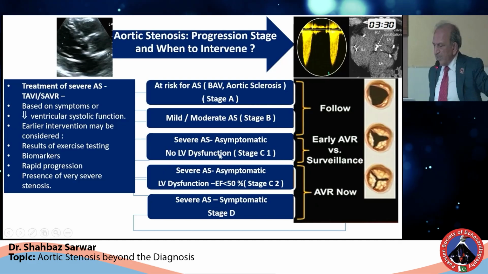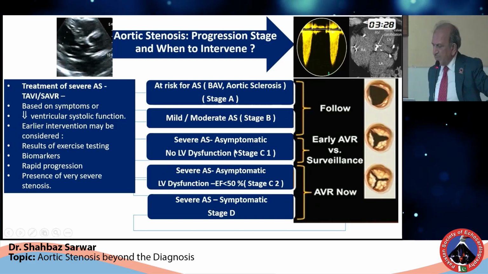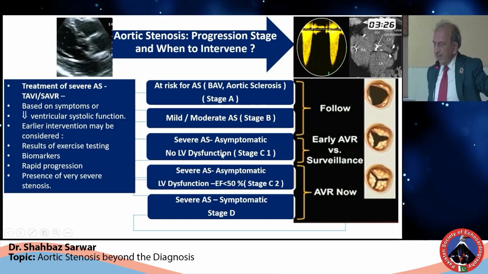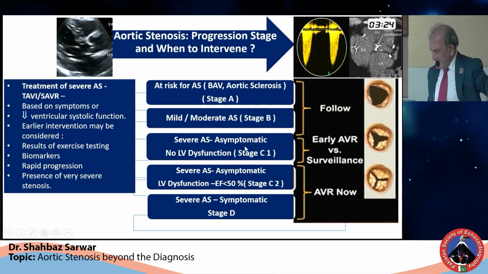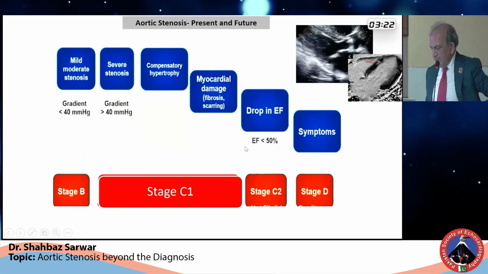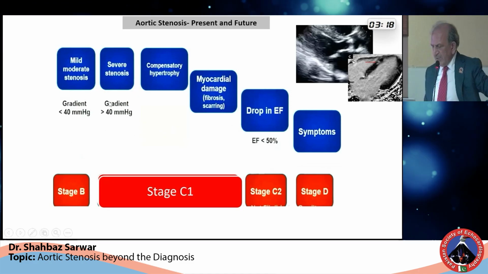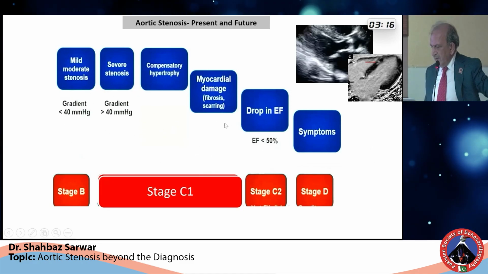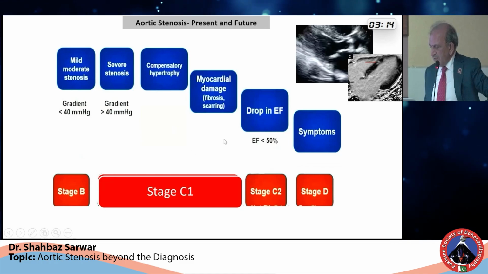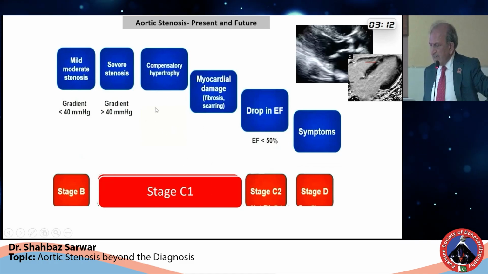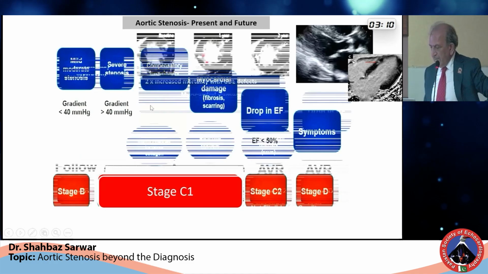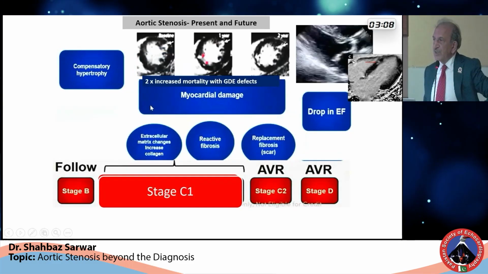Now what do we do with these stage C1 patients where they are severe AS but asymptomatic? I'll tell you how to deal with them. Here we just observe, and here we refer them for surgery. But this stage C1 is very, very important, and we refer them for CMR.